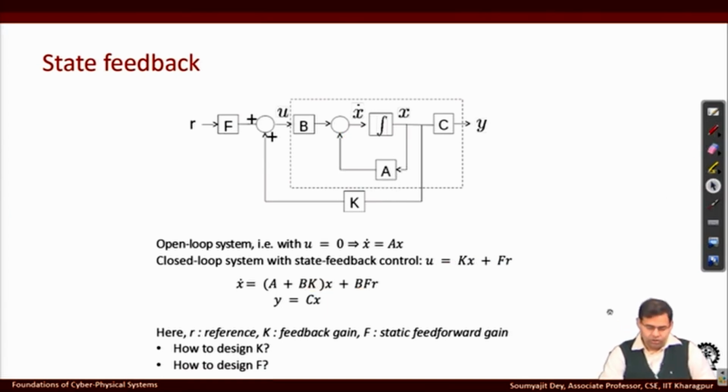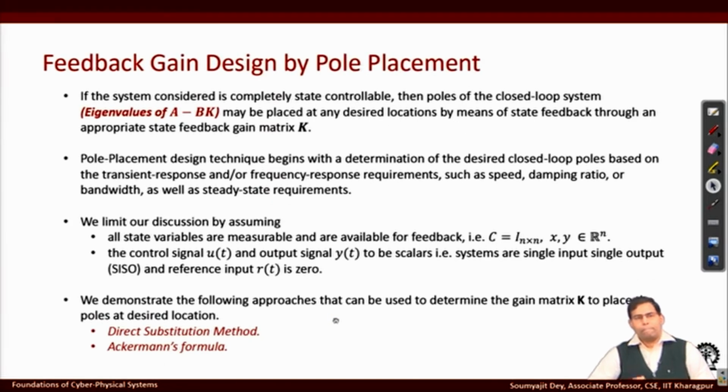So the question is, how do I design this k and how do I design this feed forward gain f so that we have this requirement satisfied, that eventually the system output must stabilize around r. We need that to be satisfied. So what we will now study is a very well known, the most simple way of controller design, which is designing this gain k by pole placement technique.